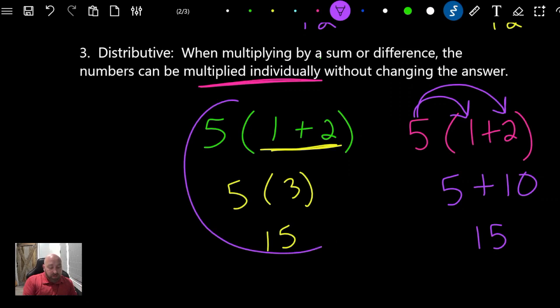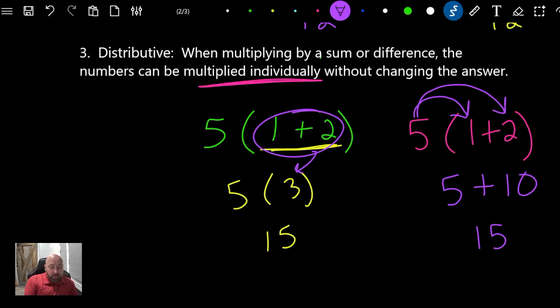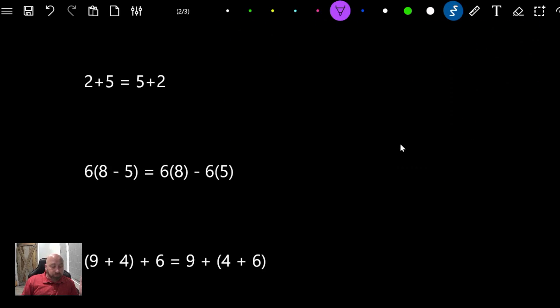So in this traditional method of following order of operations, we did inside the parentheses first, and we got 3. We multiplied 5 times 3, and we got 15. In this new method, we take 5 times 1, and we get 5. We take 5 times 2, and we get 10. We add those together, and we get 15. So just a new way of looking at an old problem, really.